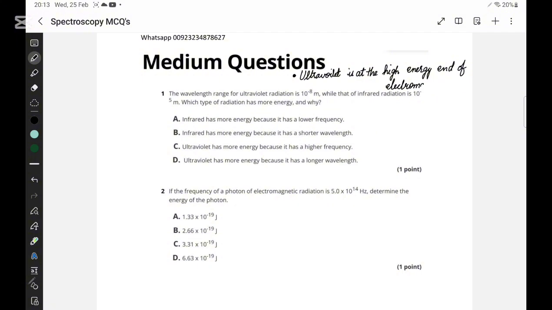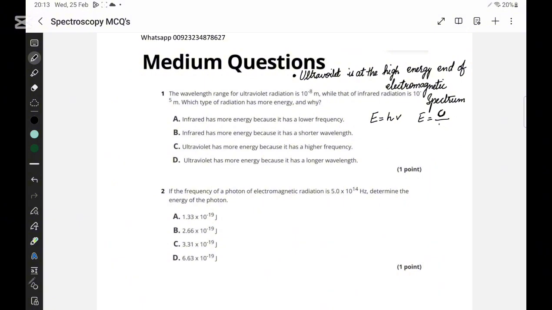From Planck's equation, we know that energy is directly proportional to frequency, and energy is inversely proportional to wavelength, E equals h c by wavelength, where c is the speed of light.